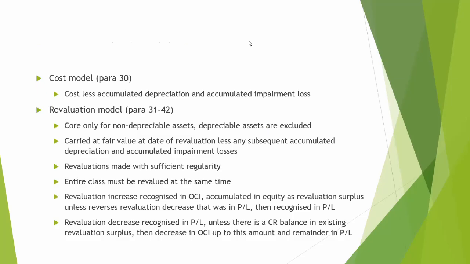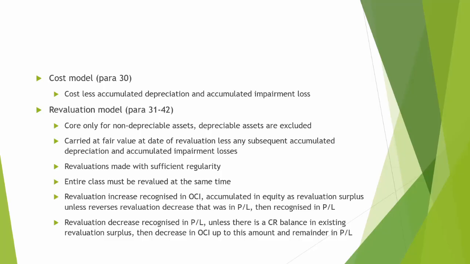Okay, so with our cost model, we would measure initially our item at cost, and then we would have our depreciation that would get processed annually. All of our depreciation that has been processed on a particular item added together over the years is our accumulated depreciation. And then we will also apply impairments, which we will cover a little bit later, and we will have a separate session on impairments in week 5.